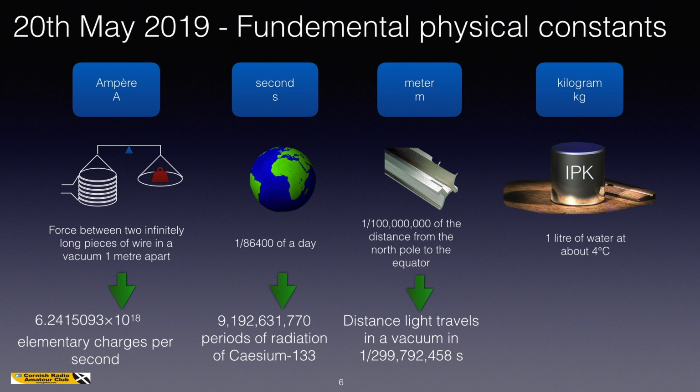And the kilogram, instead of the IPK, International Prototype Kilogram, located in Paris, there is a redefinition of what's called Planck's constant. Planck's constant is a very precise amount of energy, used in quantum physics.